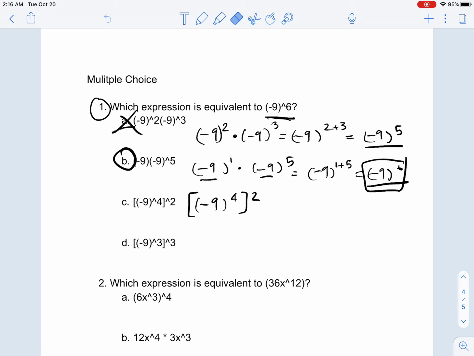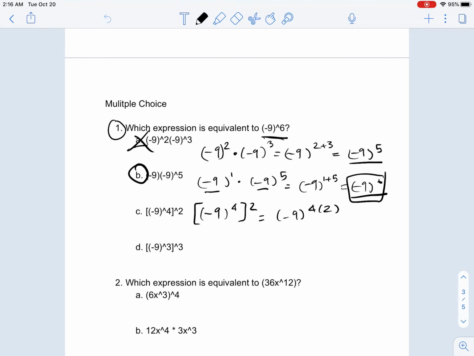So what you can do in these situations is multiply the exponents. When an exponent is raised by an exponent, you just multiply them together and you get negative 9 to the 8th power. Is this equal to negative 9 to the 6th power? No. So you know that C is wrong.